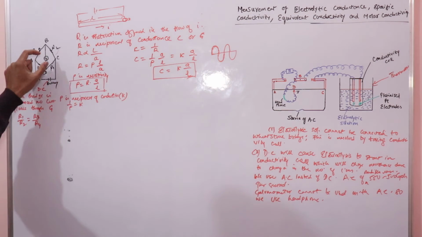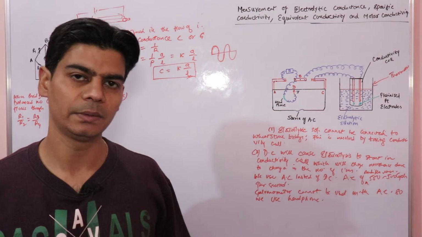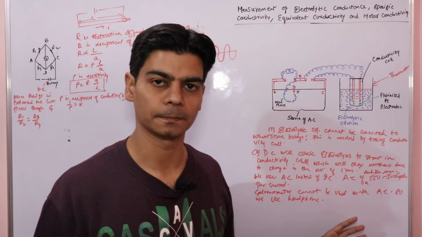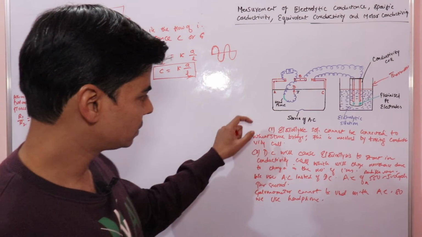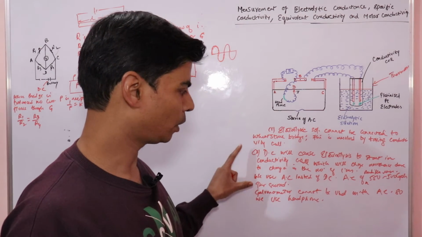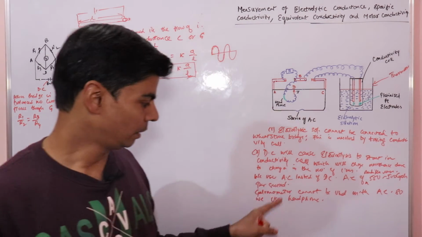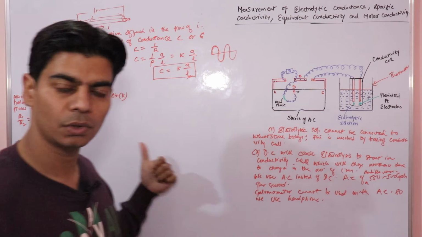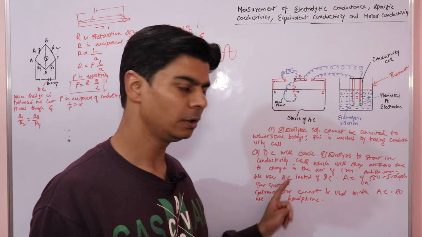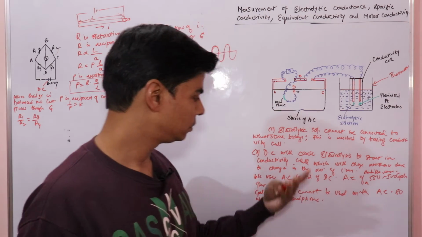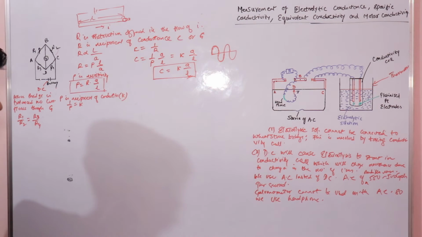Here we are determining the null point using a galvanometer, but in this experiment we will determine the null point using a headphone, right? We'll see that in just a moment. So the problem of direct current is resolved by using alternating current, and since we cannot use a galvanometer, we will use a headphone, and using the headphone we will determine the null point in this experiment.